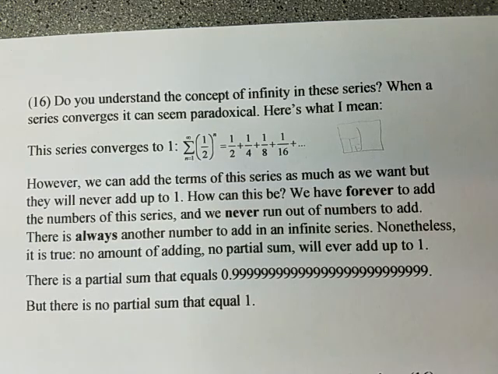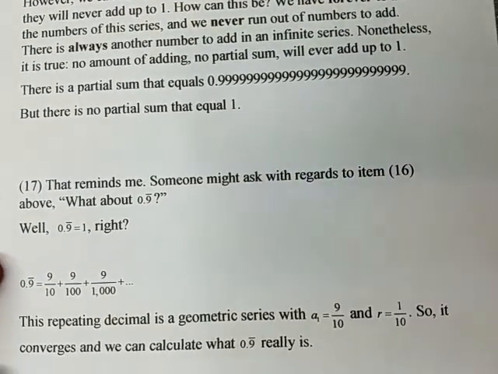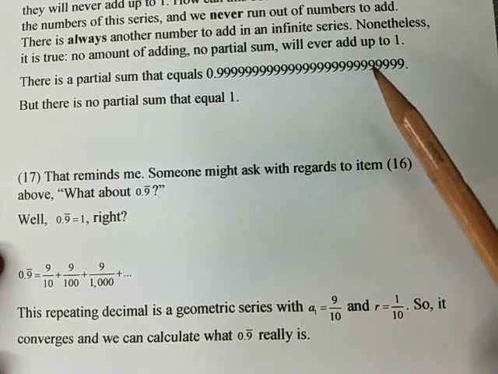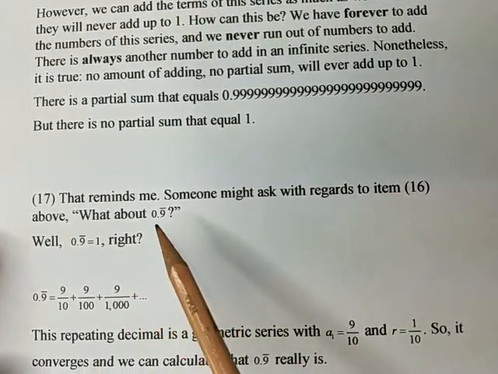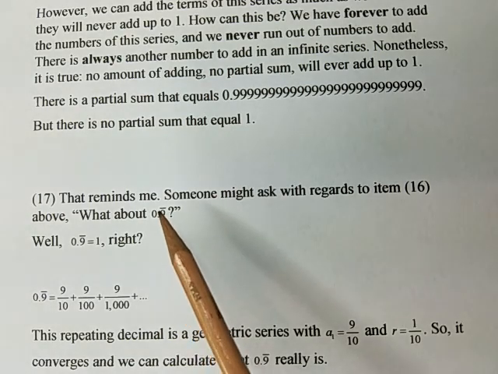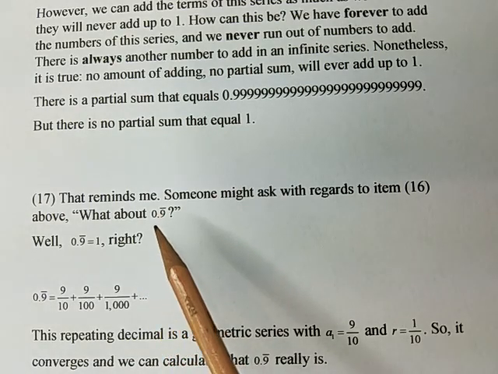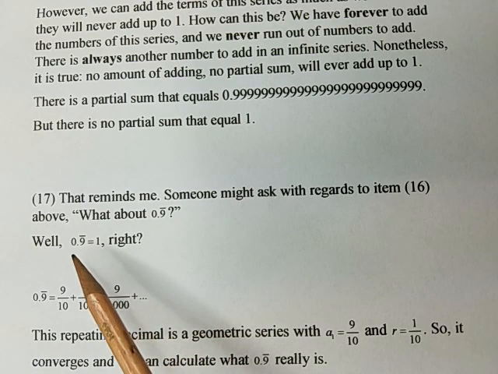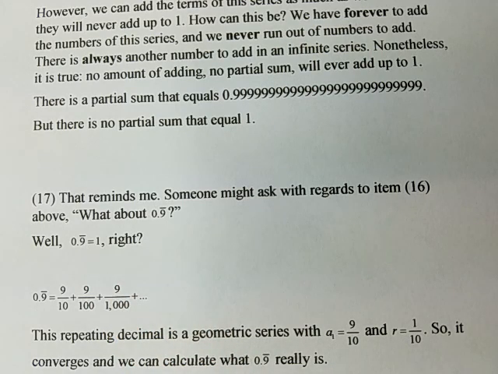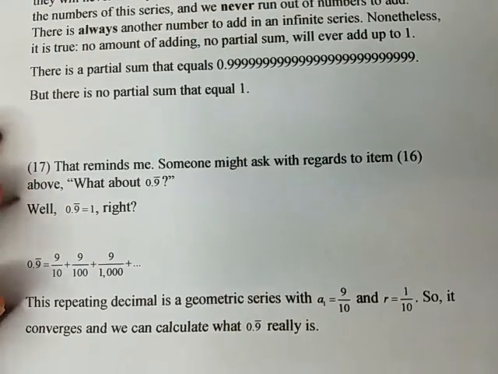Okay? All right. And that does remind me, if I mention that I put a bunch of 9s, somebody might say, what about 0.9 bar? What if the 9s repeat? Well, what do you think the number 0.9 bar is? I'm going to claim to you that 0.9 bar is equal to 1. Why would I take time to do that?